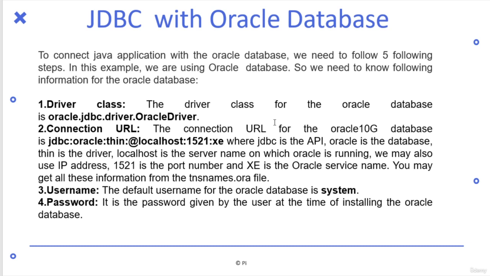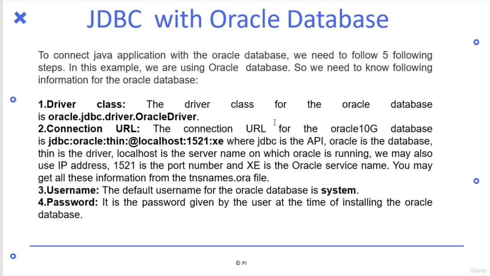Remember, the port number, Oracle service name and everything, you can check in tnsnames.ora, a file inside the database folder. You can always find this information if your port is different for localhost.